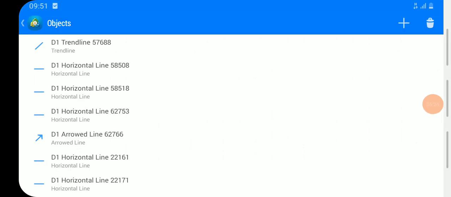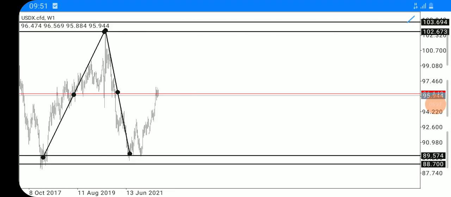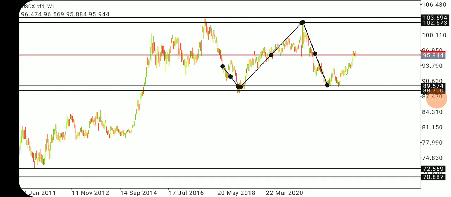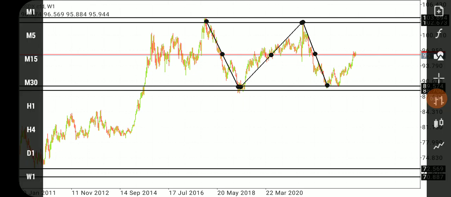Bear with me. I'm doing this slowly so that you all see how I analyze.